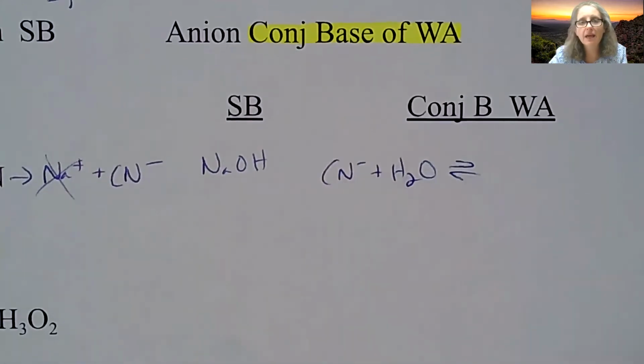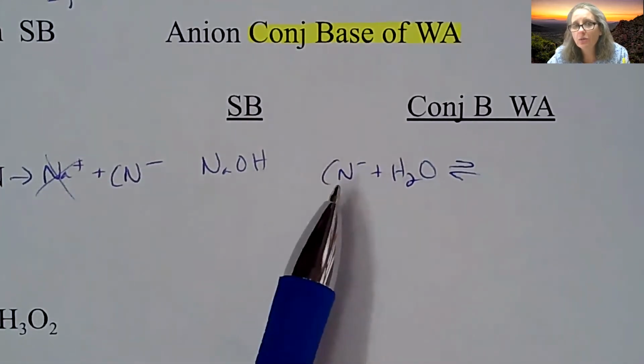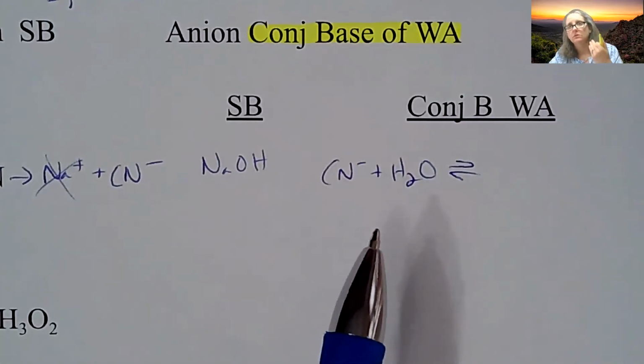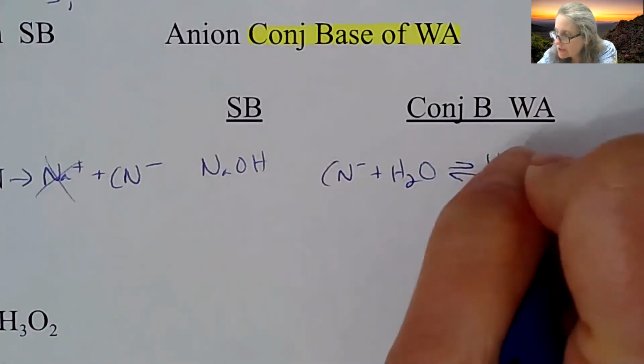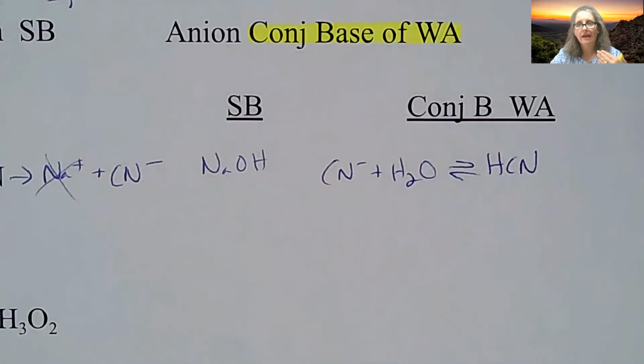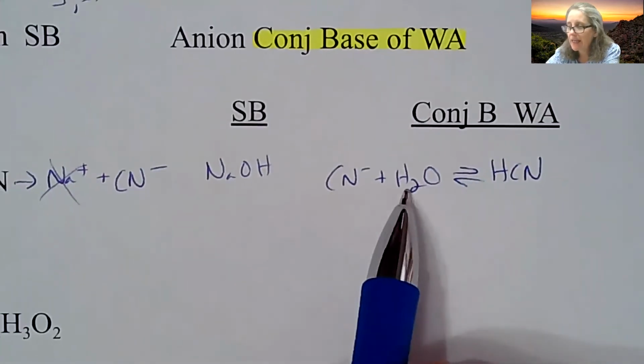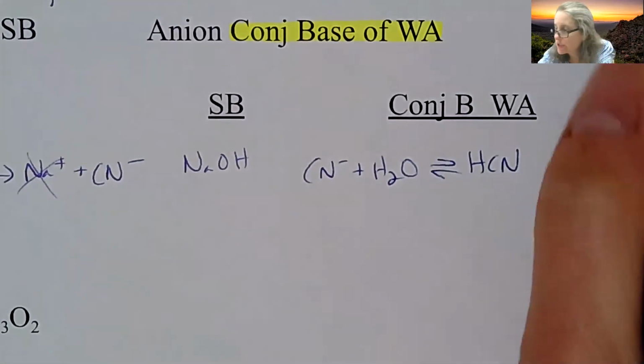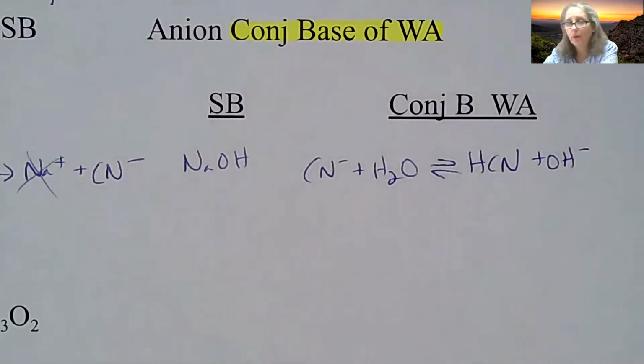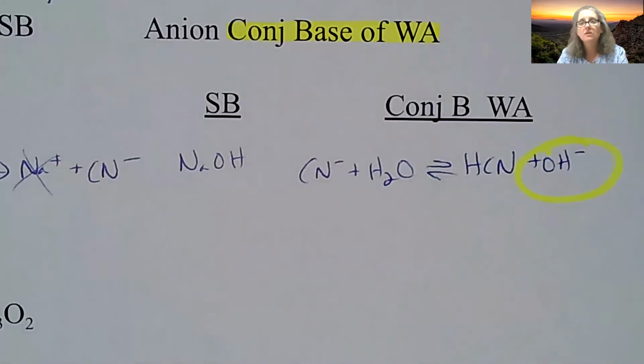Does CN minus have an H? No. So the only thing it can do is take on an H. It could become HCN by taking on an H. Well, if it takes that H from H2O, what else are you left with? OH minus, which makes it a basic solution.